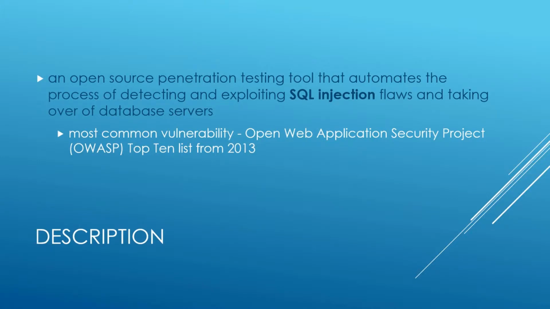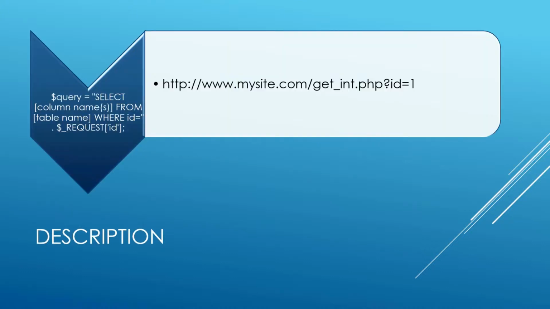This is a pretty dangerous vulnerability. So how does one perform an SQL injection? So you've got this site here, and maybe you're looking at some products or something like that, and those products have an ID.